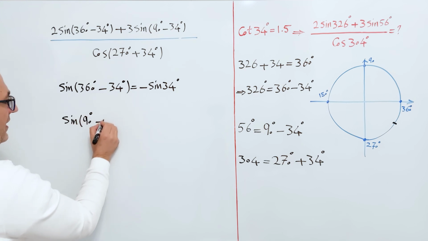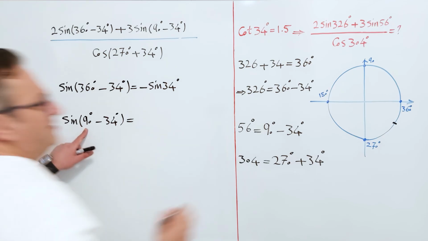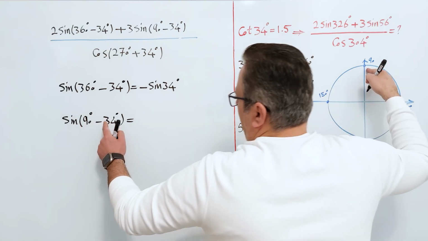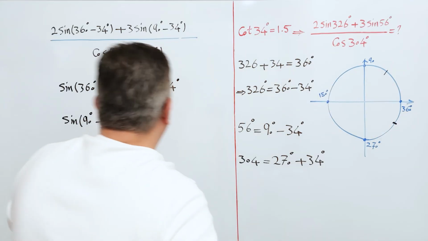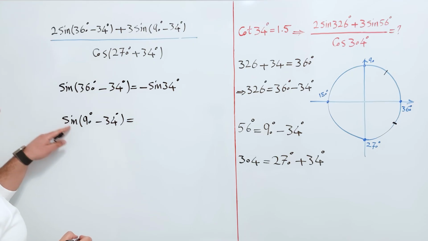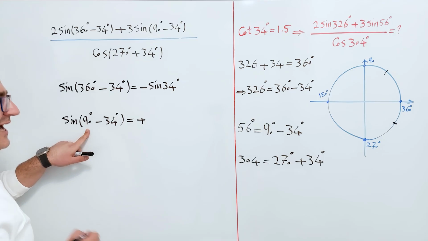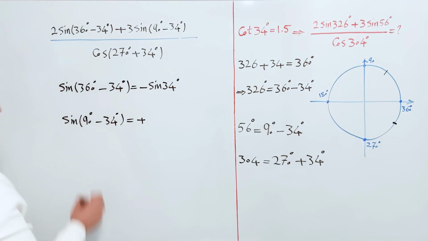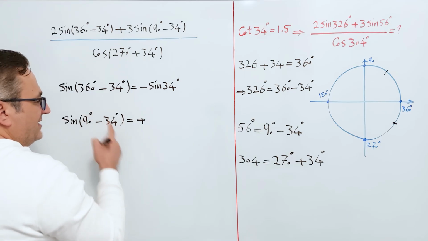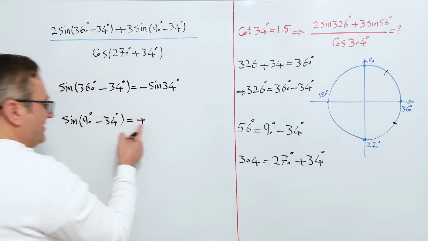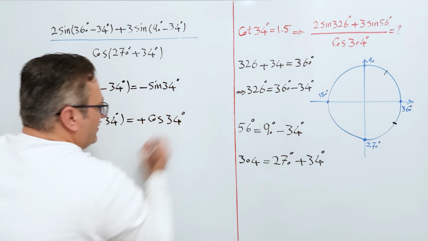And here, sine of 90 degrees minus 34 degrees: 90 degrees is here, minus 34 degrees is in the first quadrant, and we know that the sign of sine is positive and 90 degrees changes the function, so sine of 90 degrees minus 34 degrees is equal to positive cosine of 34 degrees.